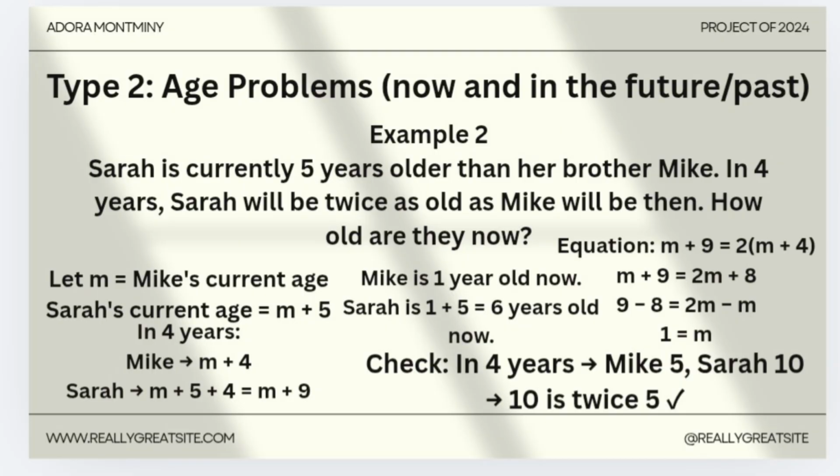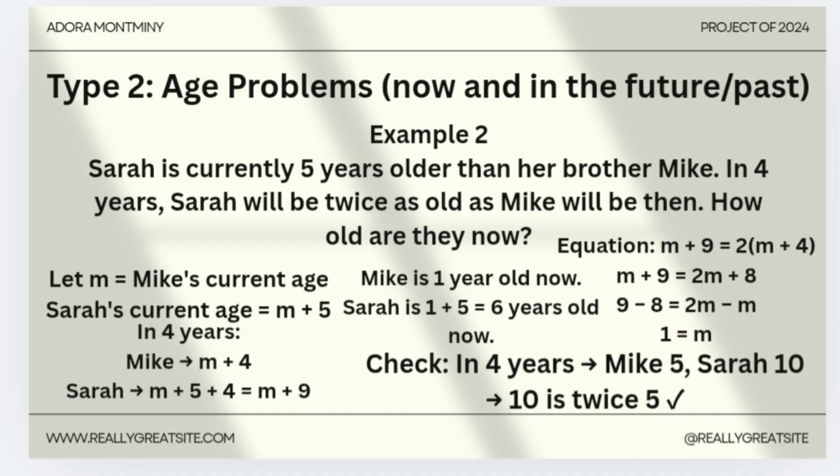Example 2. Sarah is currently 5 years older than her brother Mike. In 4 years, Sarah will be twice as old as Mike will be then. How old are they now? Let M represent Mike's current age; Sarah's current age is M + 5.